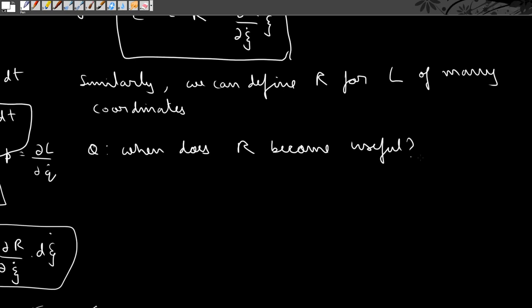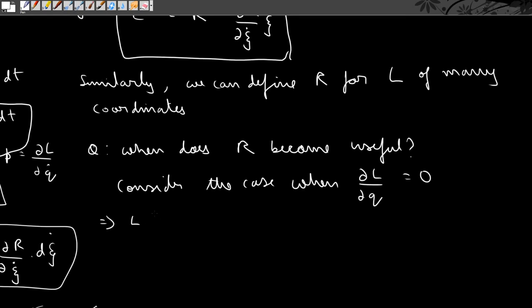For this, let us take the same example and consider the case when dou L by dou q is equal to 0. This implies that L is not explicitly dependent on q.